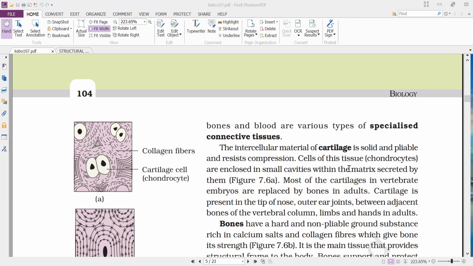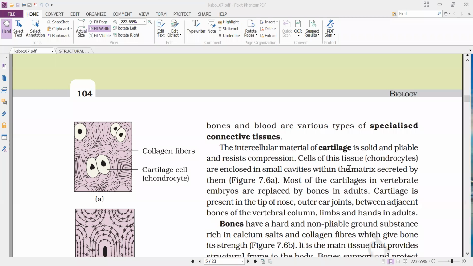In all vertebrates, during the early stage of embryonic development, they possess cartilage as the endoskeleton. But later, as development progresses, the cartilage is replaced with bone.